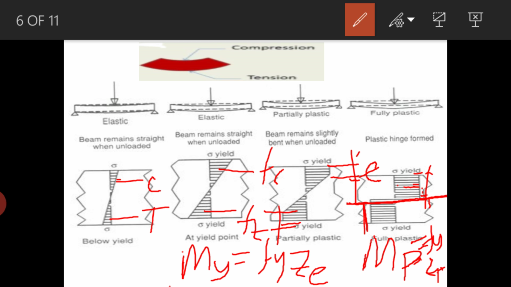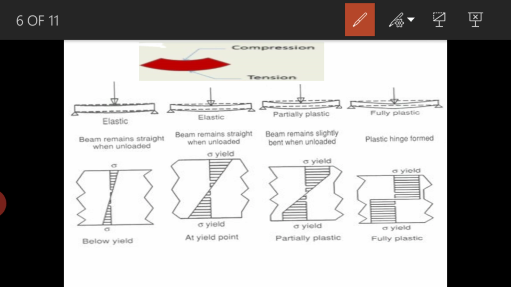So suppose this is the neutral axis we had earlier. See, this is the neutral axis before getting the plastified neutral axis. This was the neutral axis, and as the load kept increasing, the neutral axis kept shifting, and then the axis we get is like this.